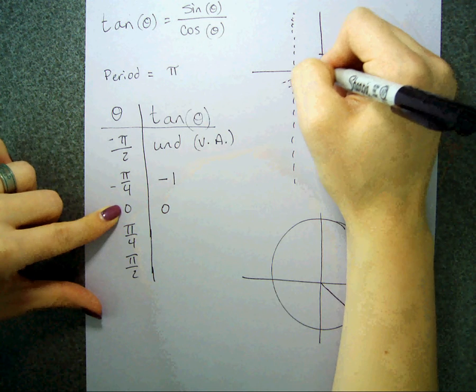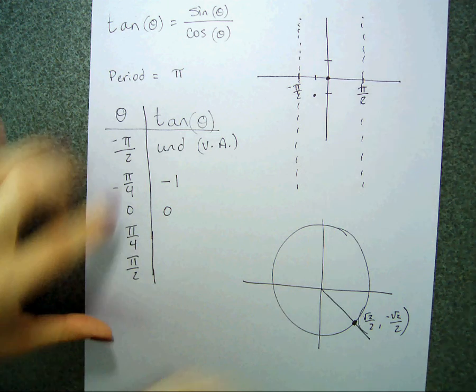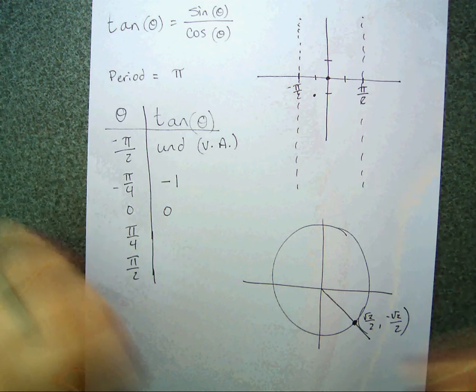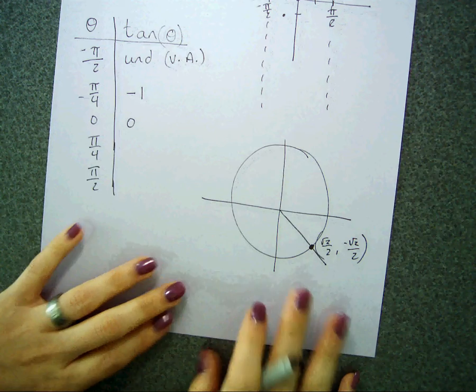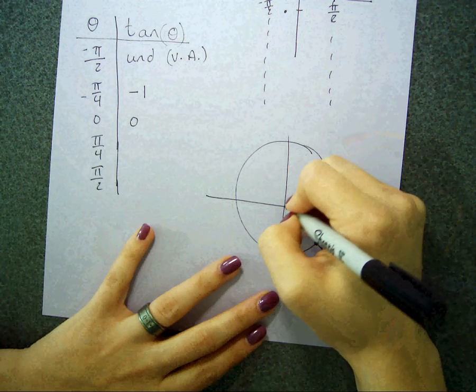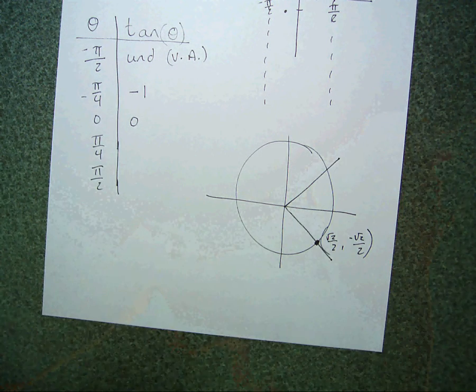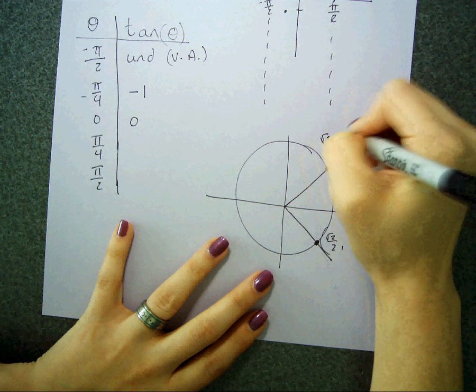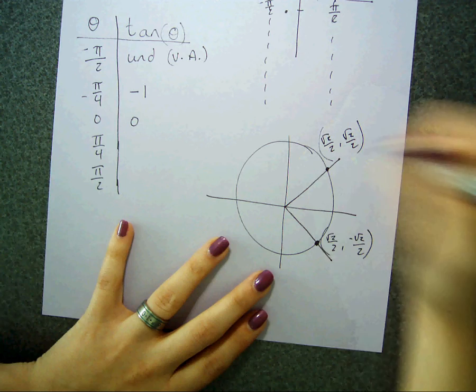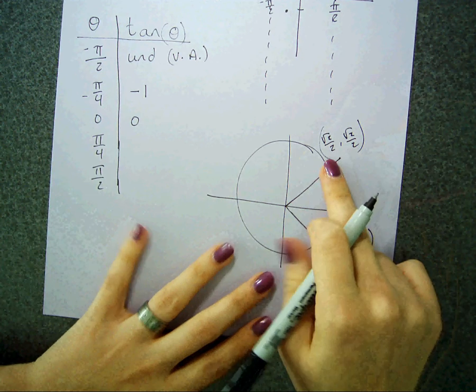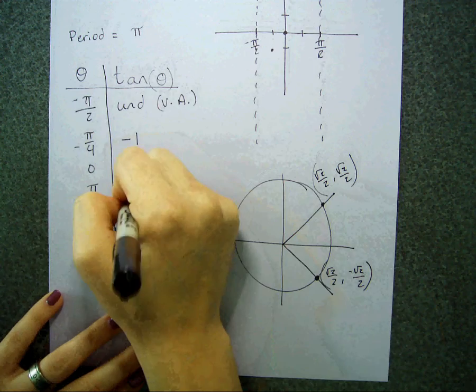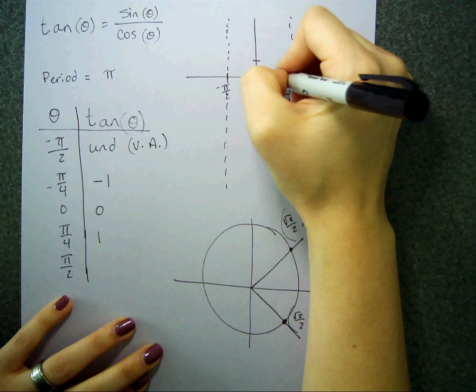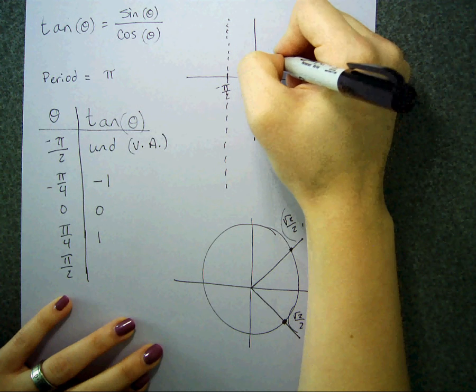Positive pi over 4. I'm coming back to my unit circle. Now I'm going counterclockwise a distance of pi over 4. This coordinate is both positive, square root of 2 over 2. So the square root of 2 over 2 divided by the square root of 2 over 2 just gives me positive 1. So at pi over 4, I'm at positive 1. And then again at pi over 2, I am undefined. Okay?